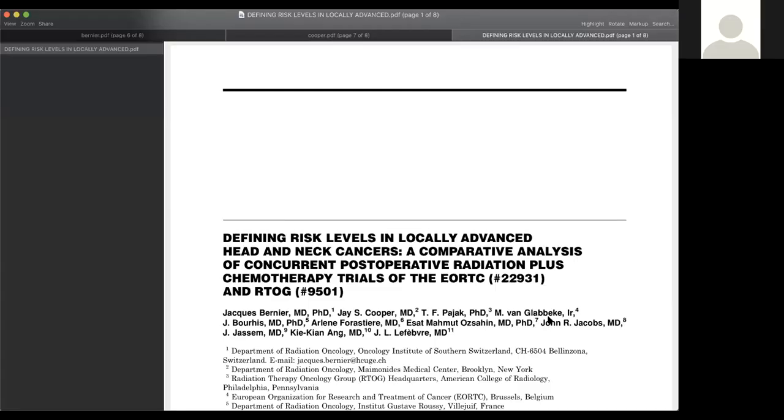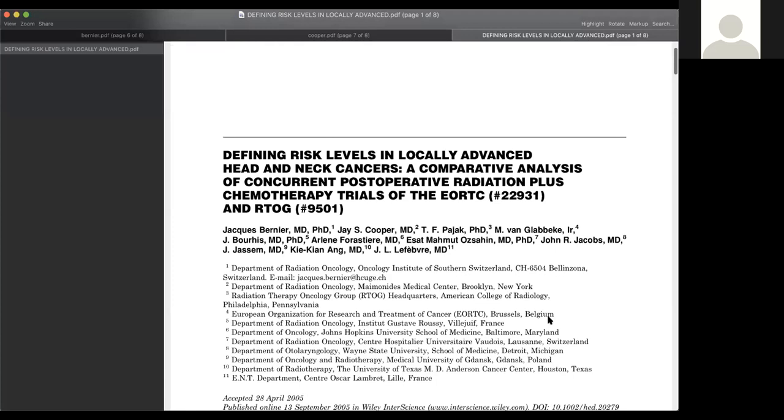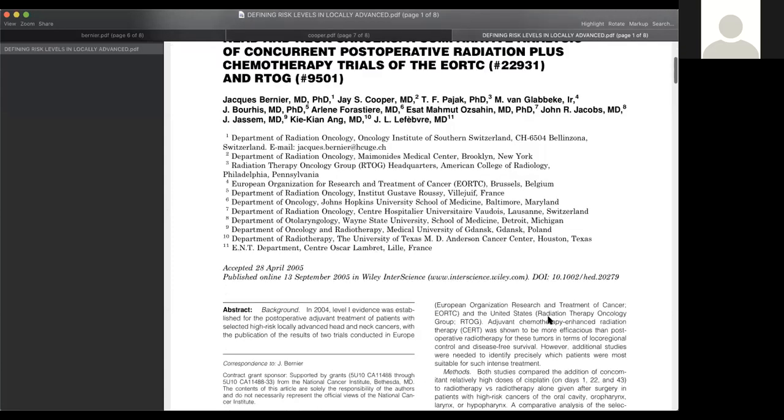And this was a combined paper where they pooled the data from both their studies. So Bernier and Cooper combined their EORTC trial and the RTOG trial together, and then they decided which patients will have the maximum benefit from adjuvant chemoradiation. And this is just an example to show you that reading one trial is not sufficient.